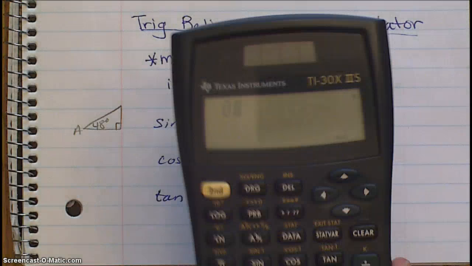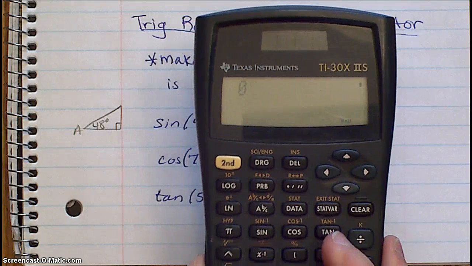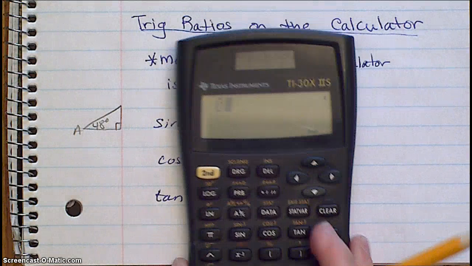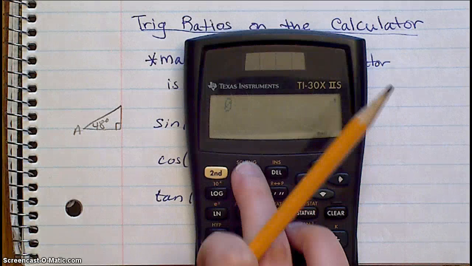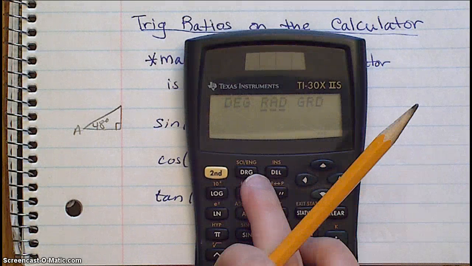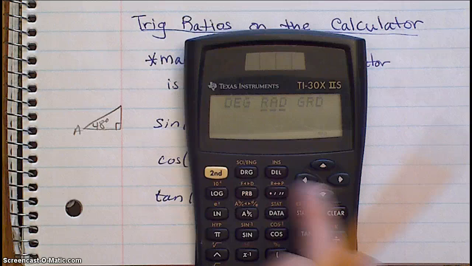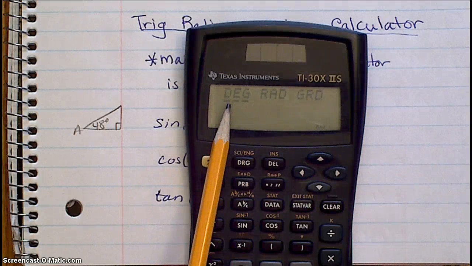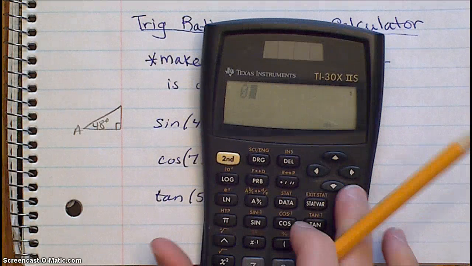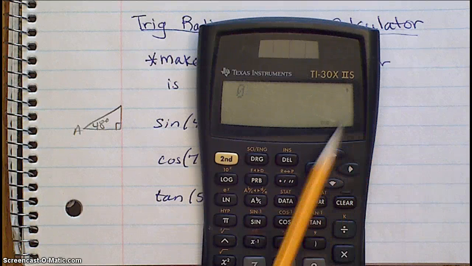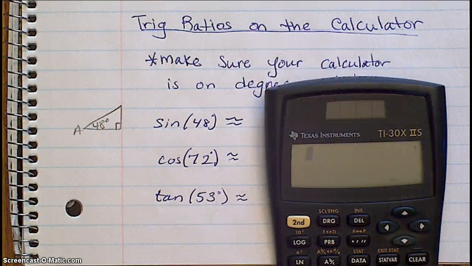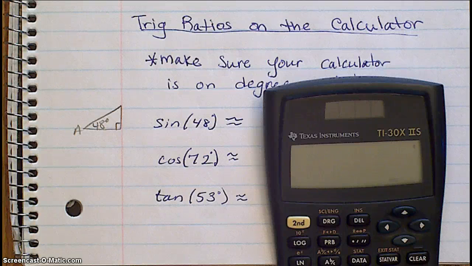In this case, you can see that it says RAD, which is not degrees. So I need to push this DRG button and then scroll over until you're on the right mode. Then it should say DEG at the bottom. If you're not sure which mode your calculator is in, then just bring it over to me and I will fix that for you.